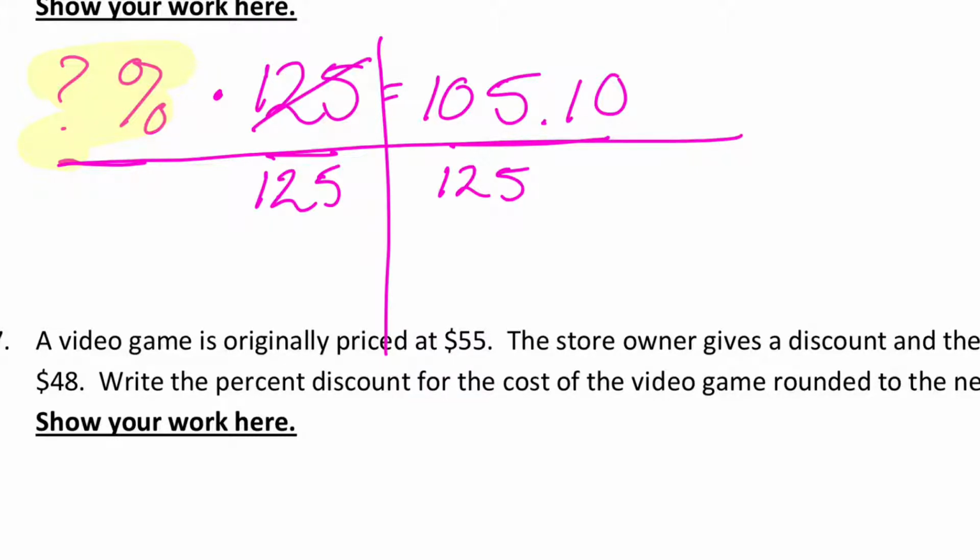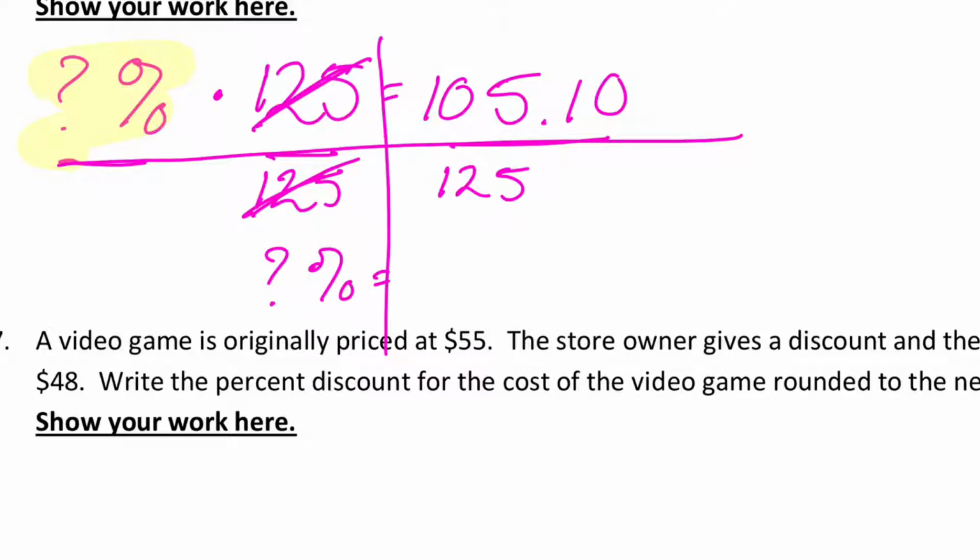125 divided by 125 is 1. That just leaves us with the percent times 1, and anything times 1 is itself. So that leaves us with the percent on this side. This cancels out. So the percent that we're looking for is going to be 105.10 divided by 125.